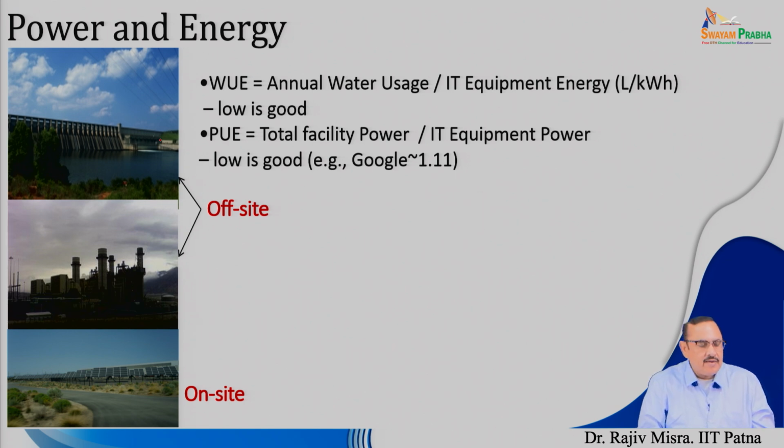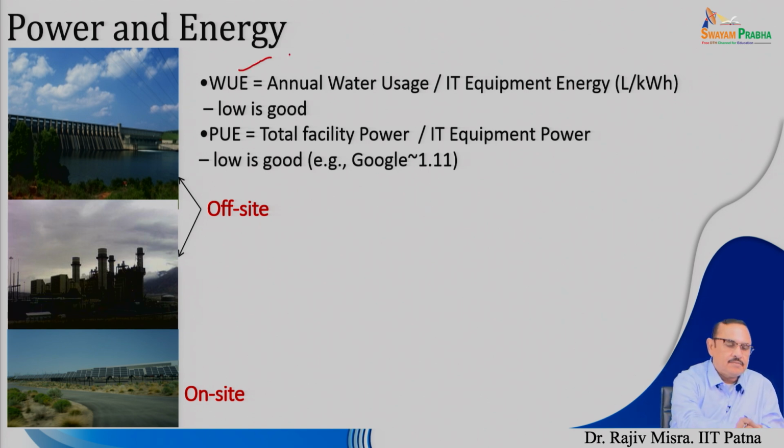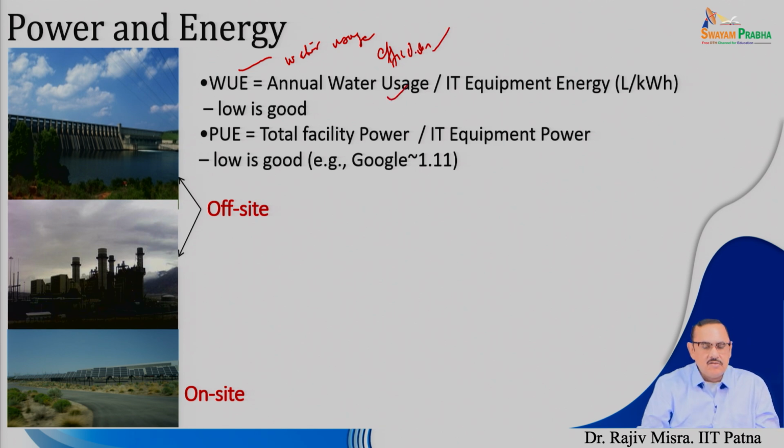So, power, energy and water are used for cooling the facility, and the metric used is called water usage efficiency. Water usage efficiency means annual water usage divided by IT equipment energy; if it is low, then it is good.